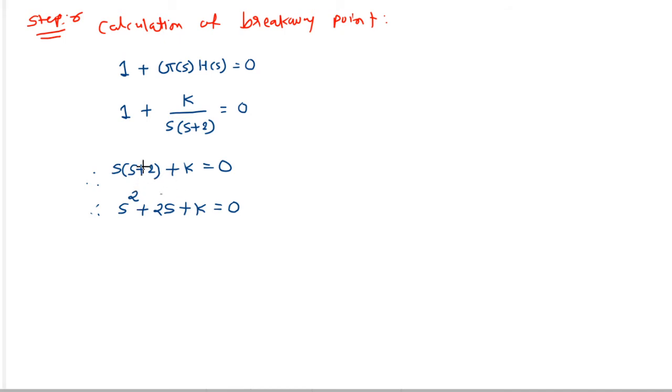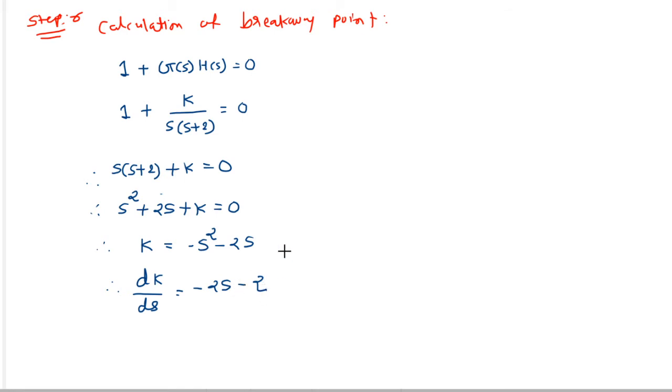To calculate the breakaway point, we make k the subject: k equals minus s square minus 2s. Now differentiate k with respect to s, so dk by ds is minus 2s minus 2.